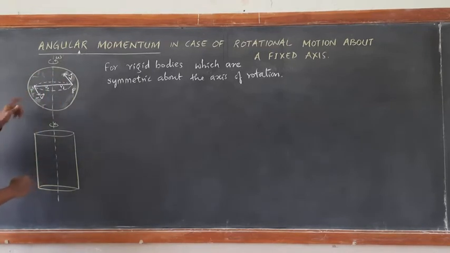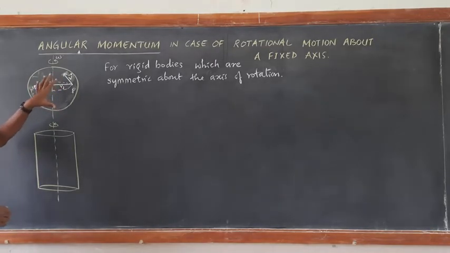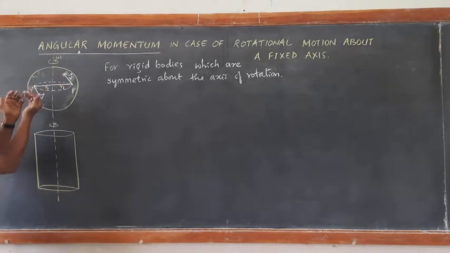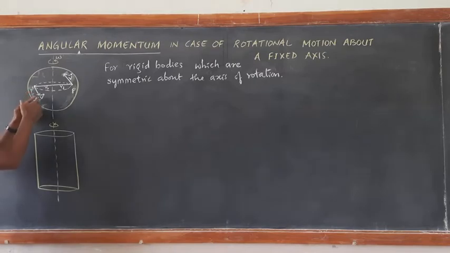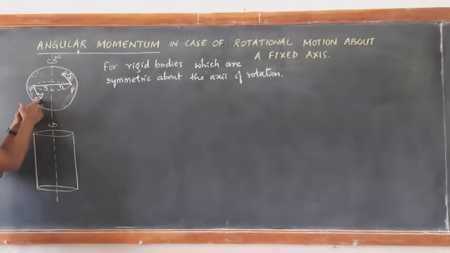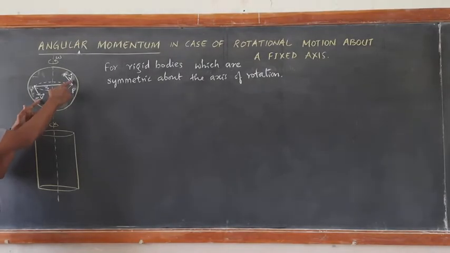If you calculate for this particle which is coming out of the plane, this is a sphere, solid sphere, right? So if this is the particle, this particle will be moving in the opposite direction. So its velocity will be the same as this one, but its velocity here will be minus v dash with respect to v.